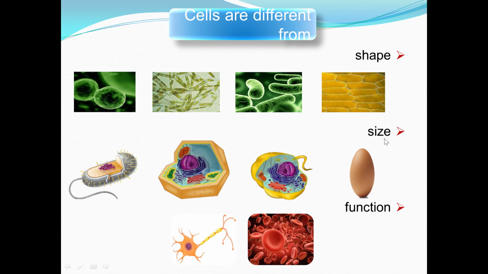We have a small cell or a large cell, like here. And we also have different cells in function. For example, some of them defend us, some of them protect us. So they are different in shape, size, and function.